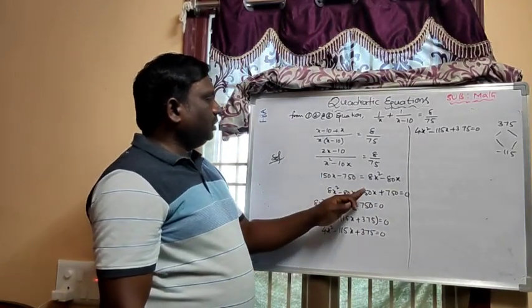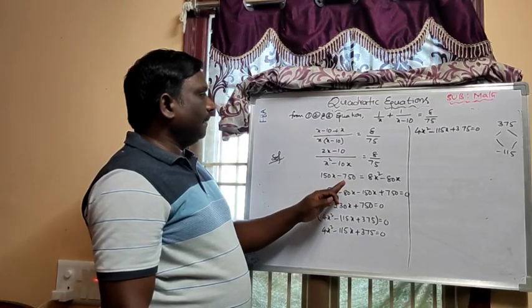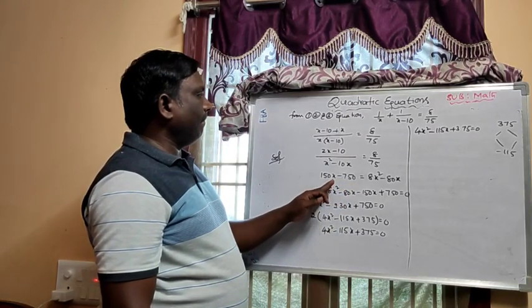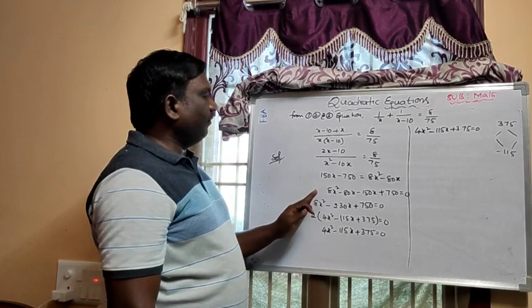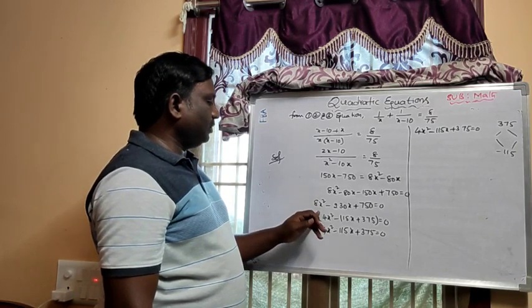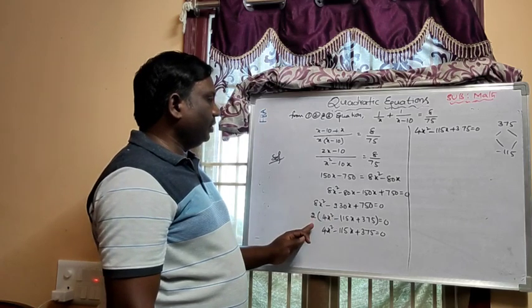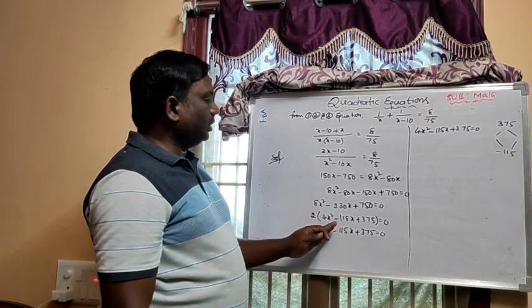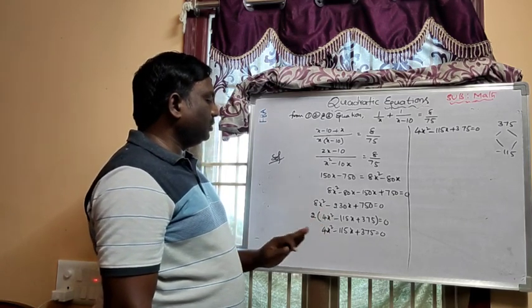When it goes to the other side, that is plus 750. Then 8x square minus 230x plus 750, divide by 2: 4x square minus 115x plus 375.